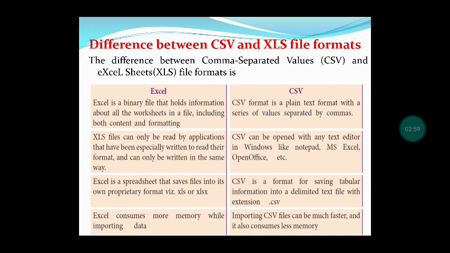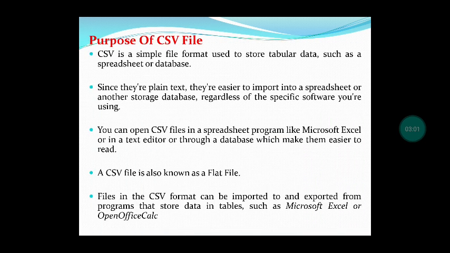Let us see what is the purpose of a CSV file. CSV is a simple file format to store tabulated data, either like in a spreadsheet or in a database. It is plain text and it is easy to import into a spreadsheet or any other data storage.